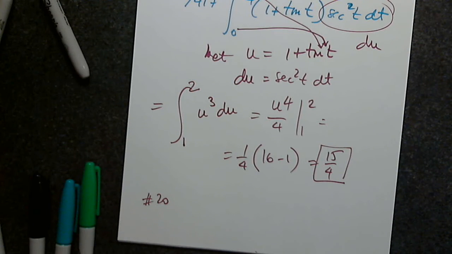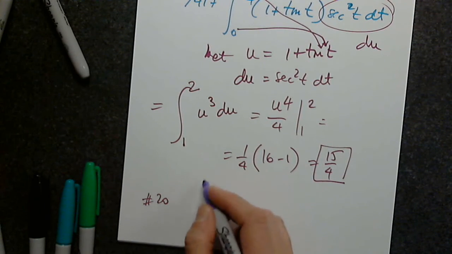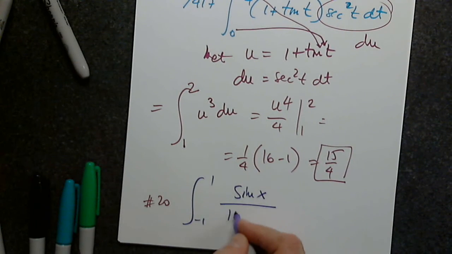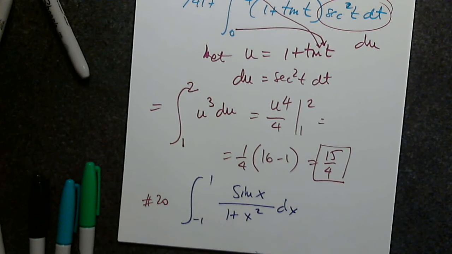Okay, problem 20. The integral from -1 to 1 of sine x over 1 plus x squared dx. First, we check whether this function is continuous on the interval -1 to 1. That's our first thought. And the answer is yes. This function is continuous everywhere. 1 plus x squared is never, ever 0.